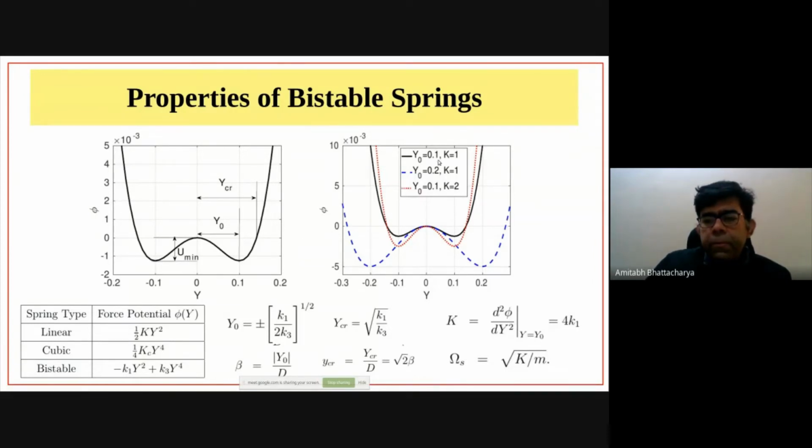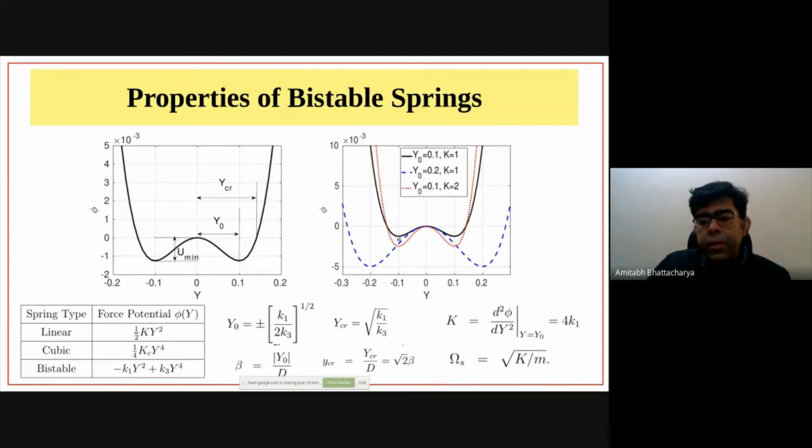And of course, if you keep varying these parameters of the bistable spring, K1 and K3, then you will get different types of bistable springs. You can adjust the spacing between these spring potential minima, and you can also adjust the depth of the minima with respect to the zero potential.